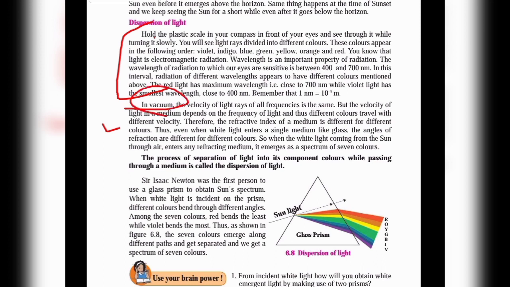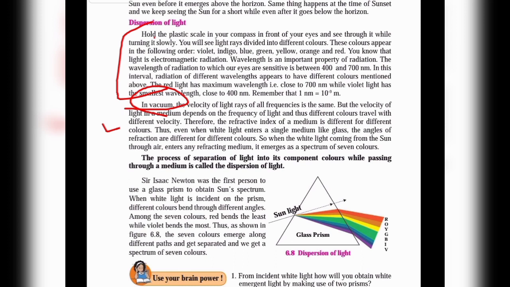That is also a very important point, because there may be a question on the same point. The velocity of red light in vacuum is high, low, same, or another option? What is the answer? The velocity of light rays of all frequencies is the same.